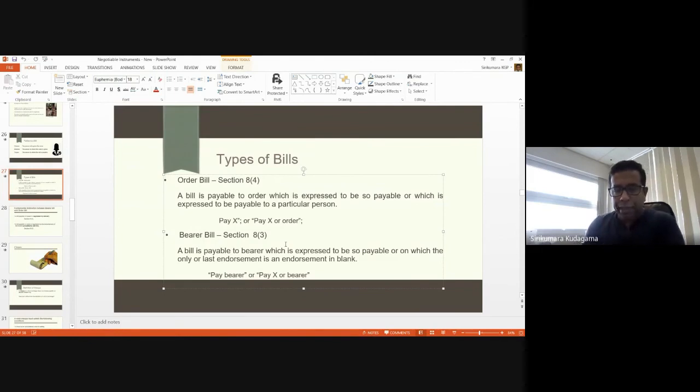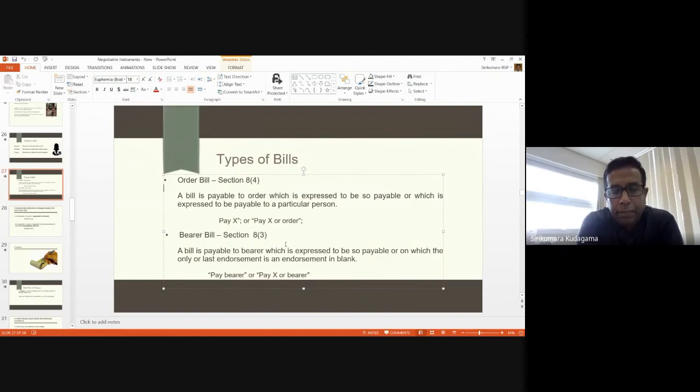These two types are described in section 8.3 and 8.4. Section 8.4 describes an order bill as a bill payable to order, which is expressed to be so payable, or which is expressed to be payable to the order of a particular person, right?